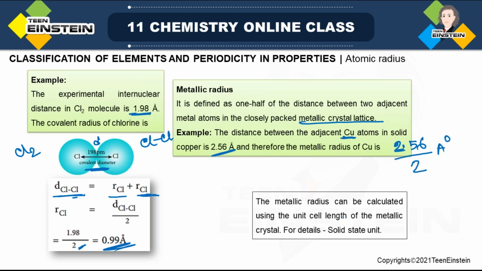Now, metallic radius can also be calculated using the unit cell length of the metallic crystal, and that is actually the ideal way to measure it. But those details are not part of this unit; you will find them in the solid state unit. But more or less, as an initial idea, you can say from this definition that it is 1/2 of the distance between two adjacent metal atoms. Fine.